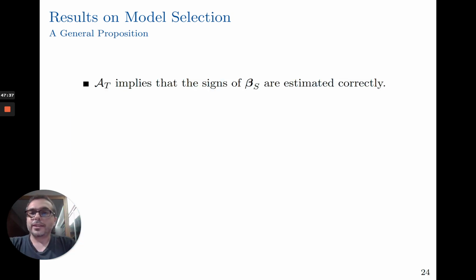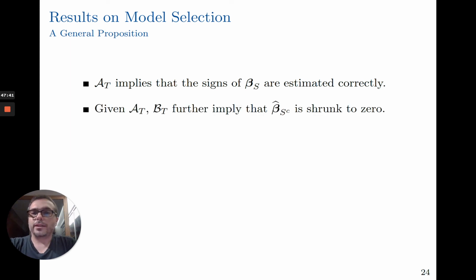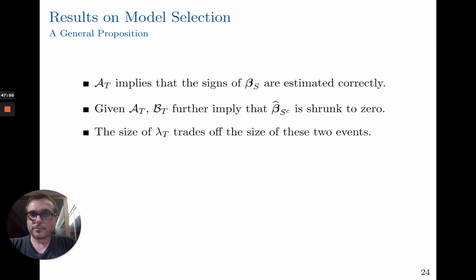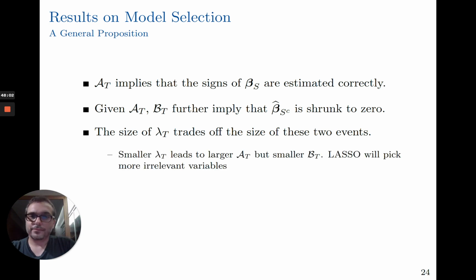So event A_T implies that the signs of beta S are estimated correctly. So given the event A_T, the event B_T further implies that the estimates of the irrelevant variables will be shrunk to zero. Okay? And the penalty term will kind of trade off these two events. Smaller lambda, larger A, but smaller B. Okay? Lasso will pick more irrelevant variables.